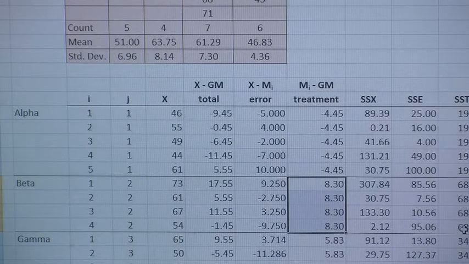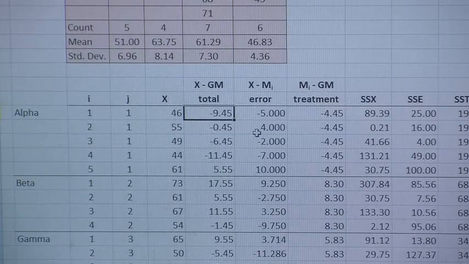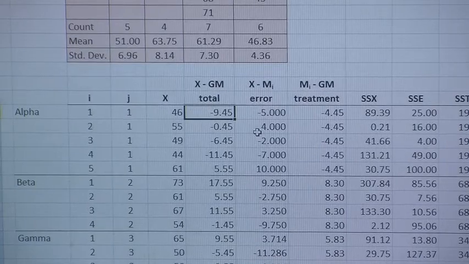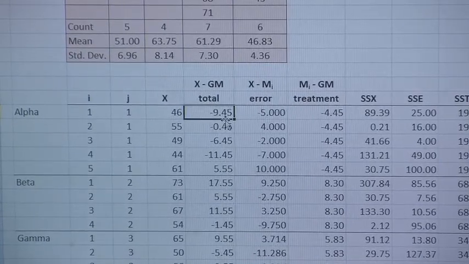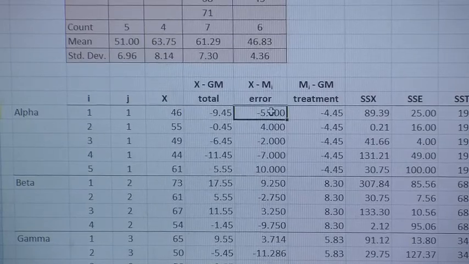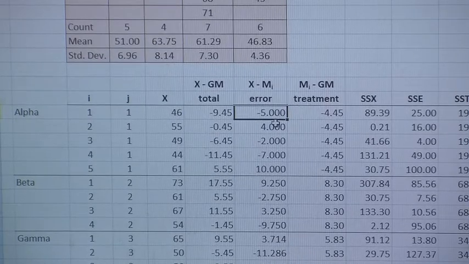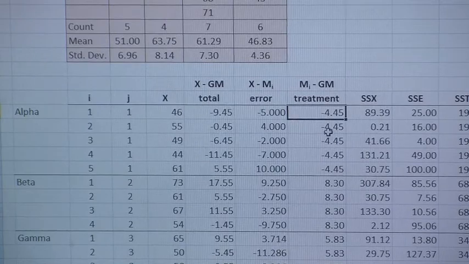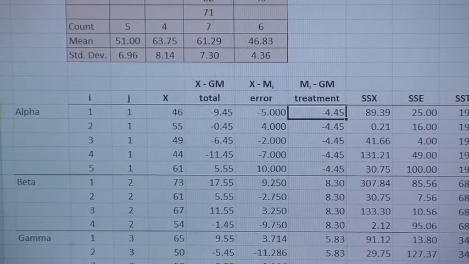All right. So I want you to begin to see when I talk about partitioning the variance, this is the total variability or dispersion to be accounted for. And then we partition this total variability into the deviation from the group mean and then the group's mean from the grand mean.